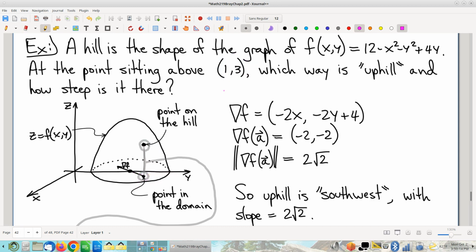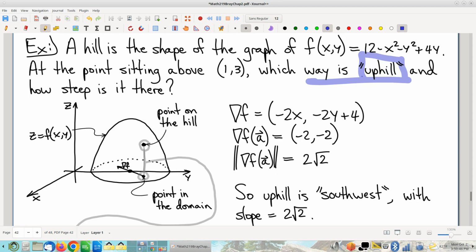The question asks, which way is uphill, given that the hill is the graph of this function? Which direction should I go on the map to make altitude increase as fast as possible? What's the steepest direction? What's the direction that makes altitude increase as fast as possible?